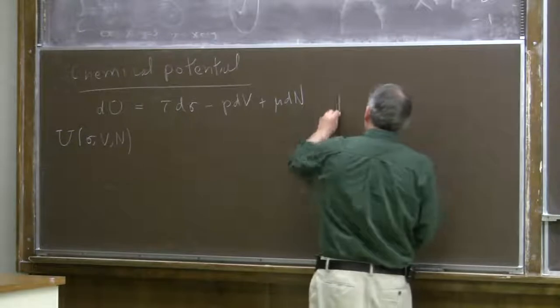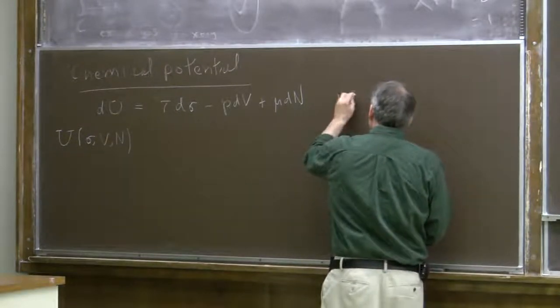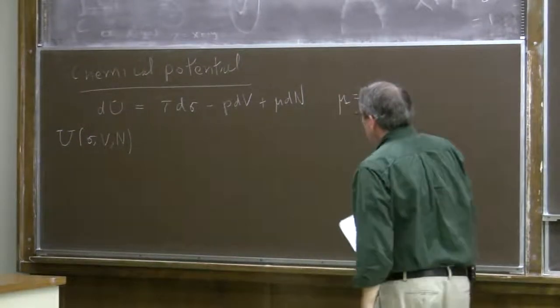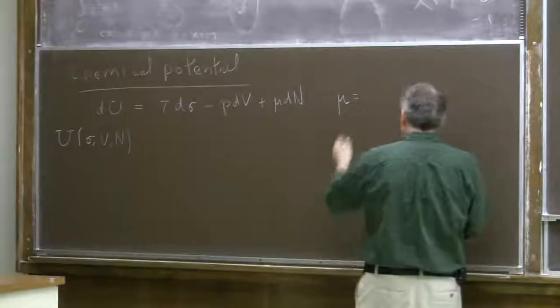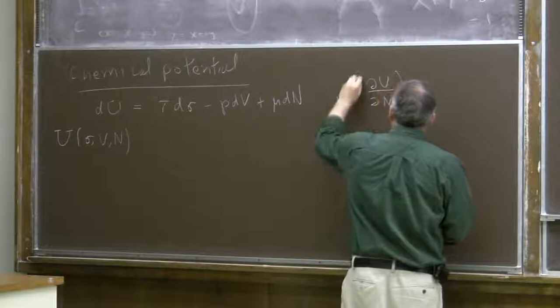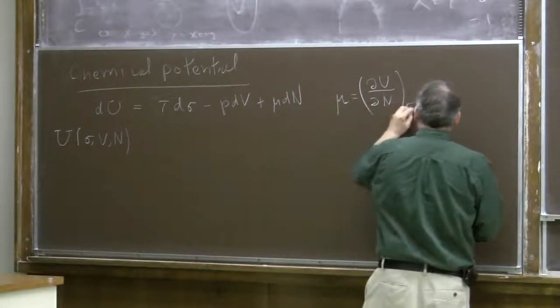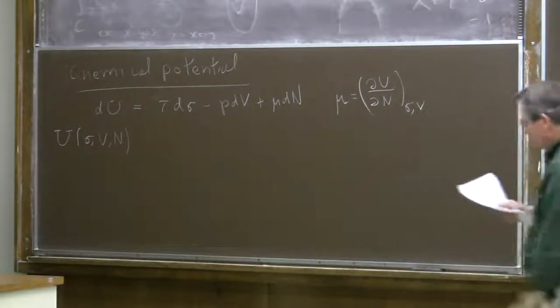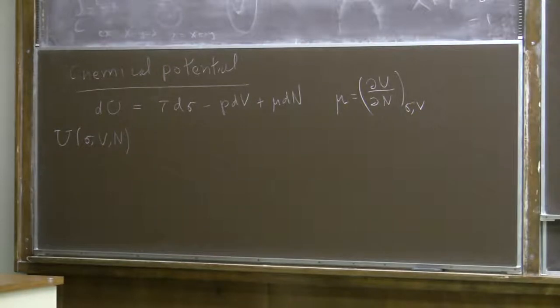So one way of defining what we mean by chemical potential, this identity tells us, is if I consider entropy and volume to be fixed, chemical potential is the derivative of internal energy with respect to number of particles.